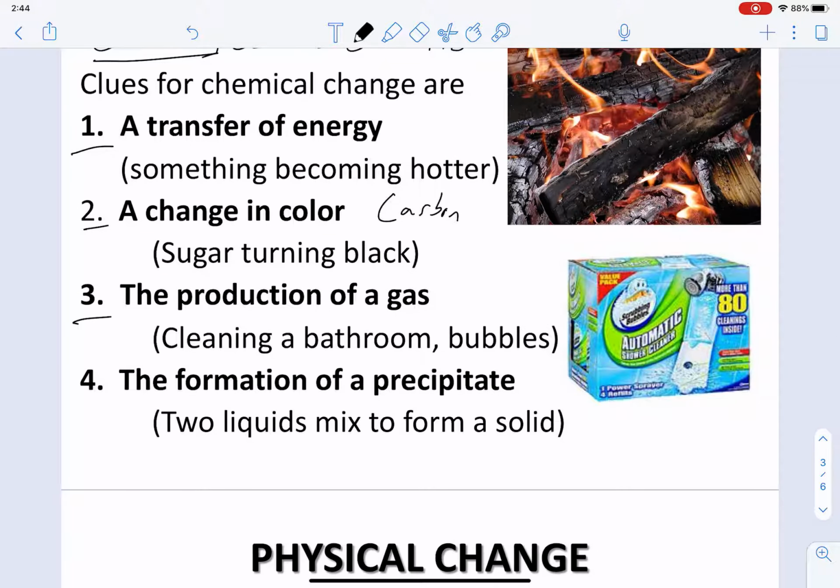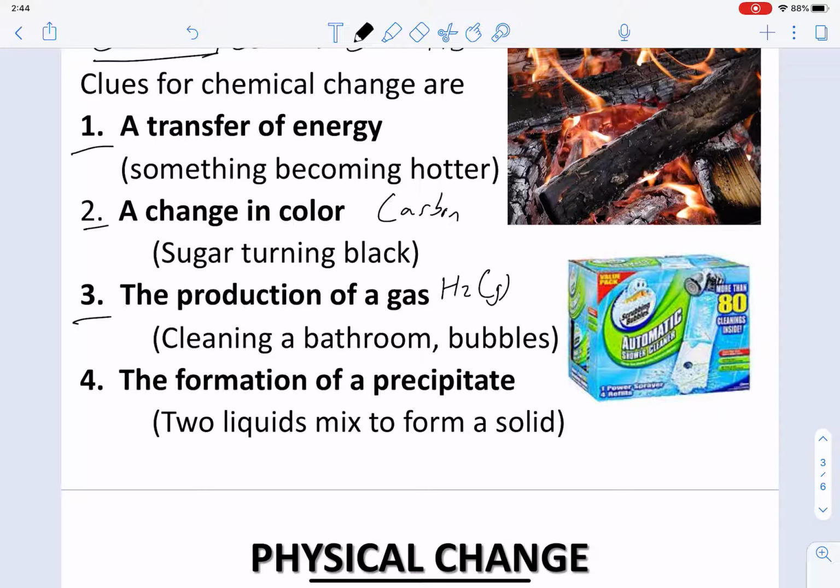Number 3, the production of a gas. Sometimes when we add 2 solutions or 2 liquids together, we'll start to see gas form. Those gases could be an example of some type of new substance forming. Hydrogen gas, H2, is often a product that we will see in chemical changes. Usually we can see it.